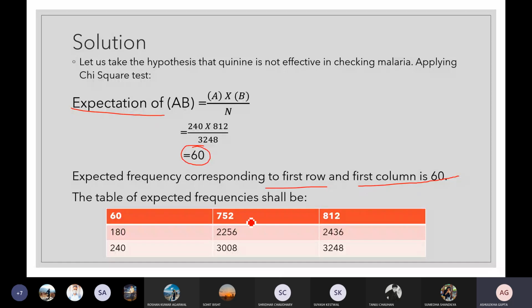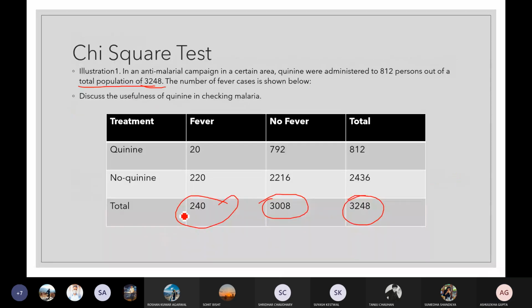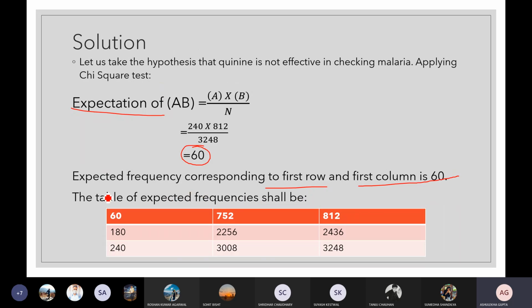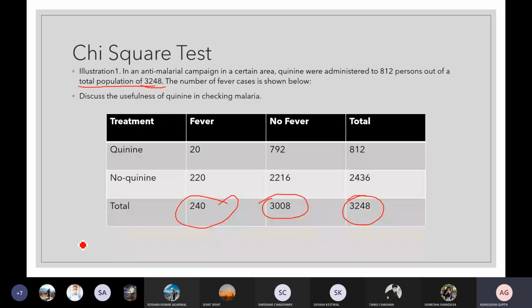We have taken the first row and the first column, that would be 60, right? We will erase this. I will erase this, it is not needed.